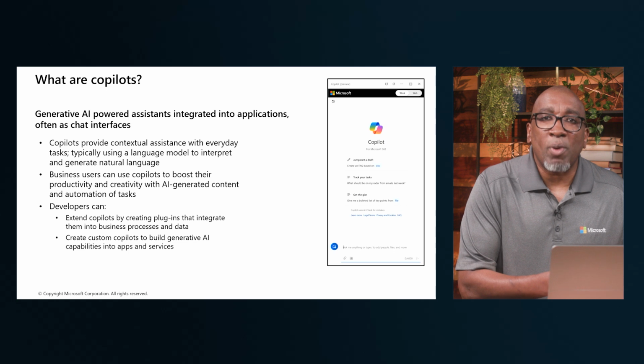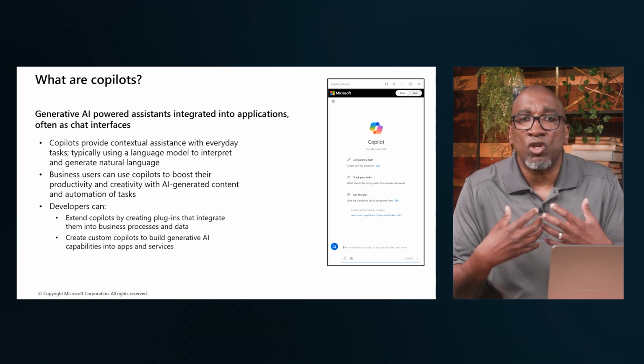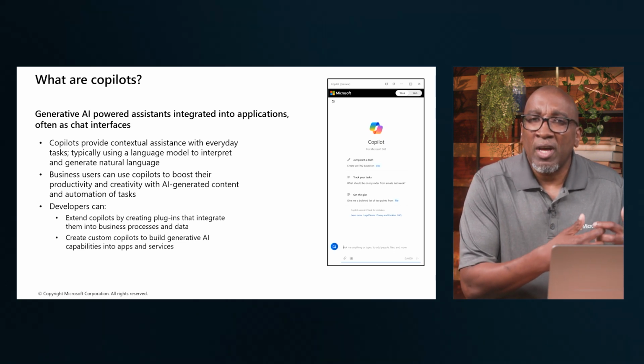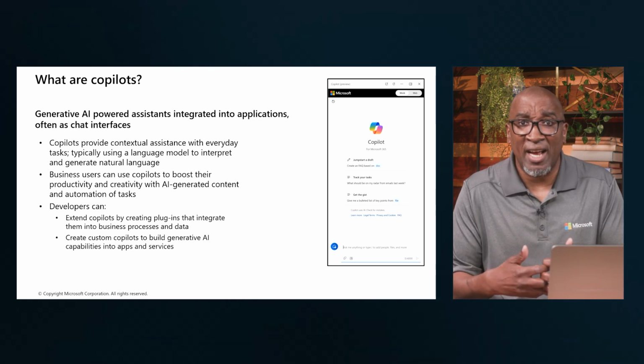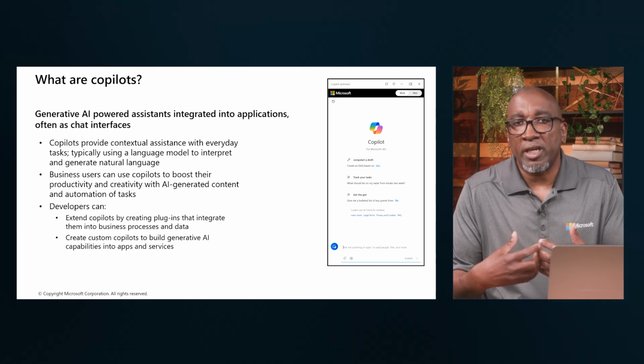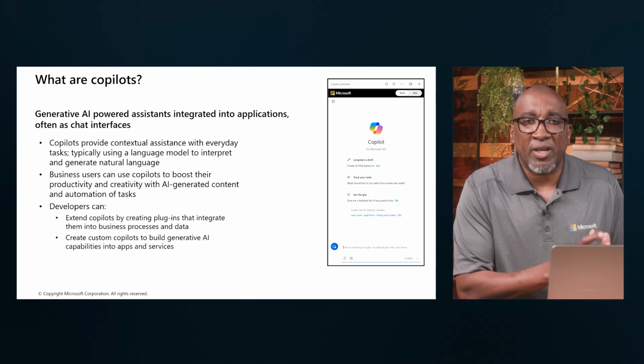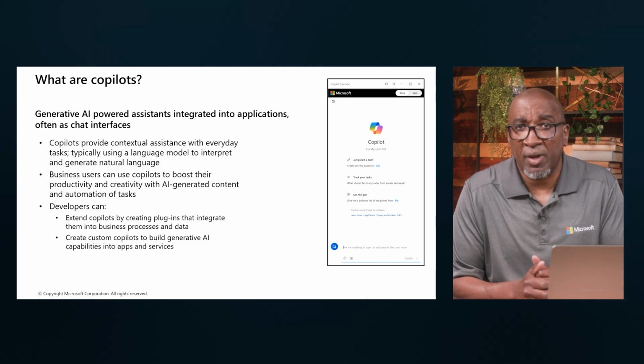Business users can use copilots to improve their productivity, and security analysts can use them to help resolve complex data sets quickly and effectively. This gives us the ability to extend what copilots do to tailor them to the task we have associated with them.